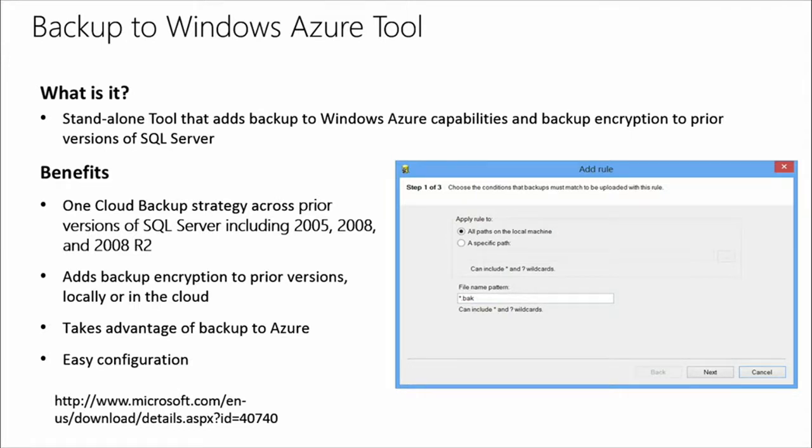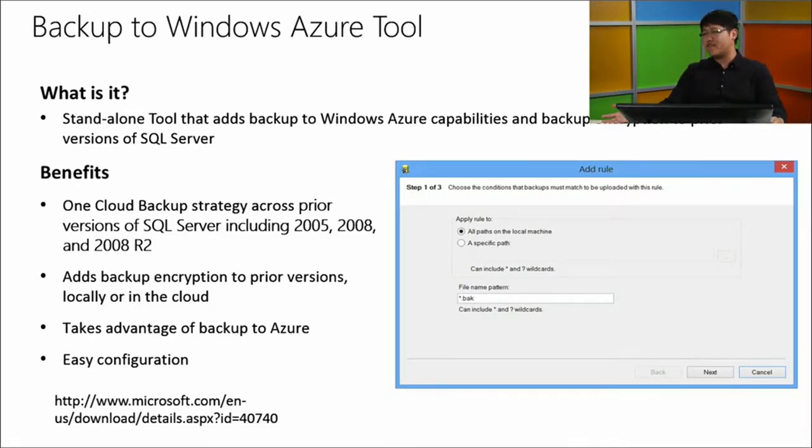You can install it in 5 minutes, and you can configure it in another 5 minutes. Last but not least, for those of you who do not have a Windows Azure account, or for some reason do not want to use the cloud storage, you can use this tool to encrypt and compress your backup locally. So you can use it to add that feature to your SQL Server instances as well.